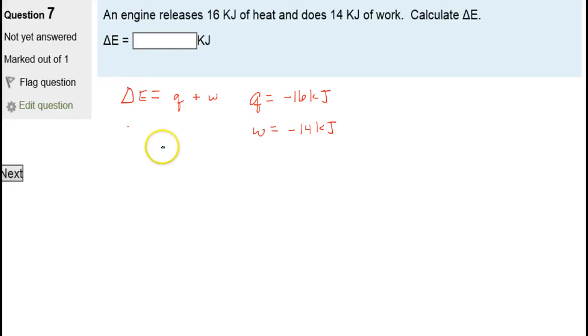So now that we know these two values, we just use this formula here and plug in our values. So delta E is going to be negative 16 kilojoules plus a negative 14 kilojoules of work.